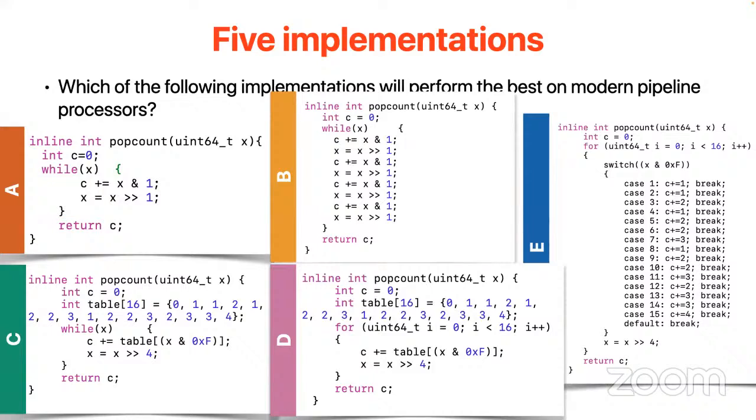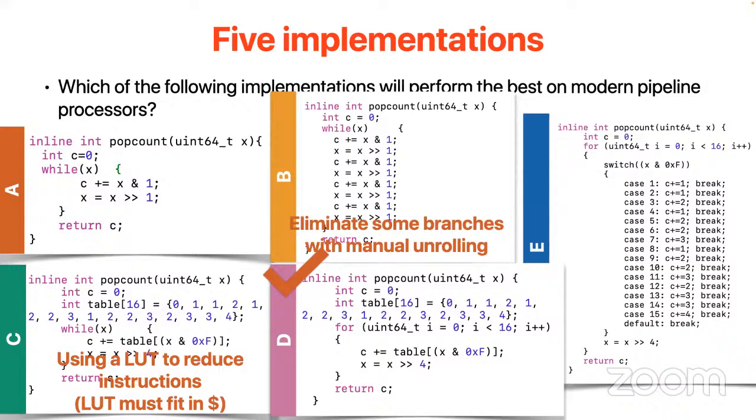If you don't remember, probably go back and look over those YouTube videos. But the D version is the fastest, and B is better than A because we are able to eliminate some branches with manual unrolling. And for C, we use the idea of a lookup table to reduce instructions, but the lookup table must fit in the cache. Otherwise, if your table is really big, then it's going to be worse.